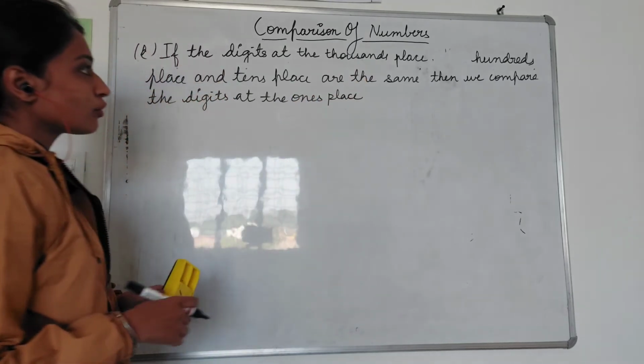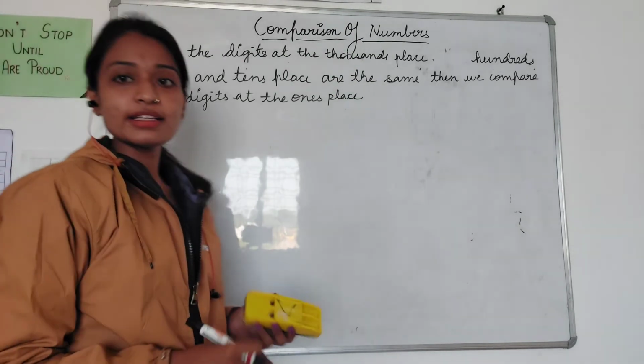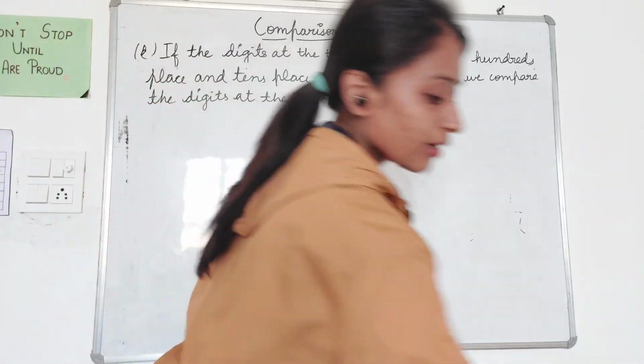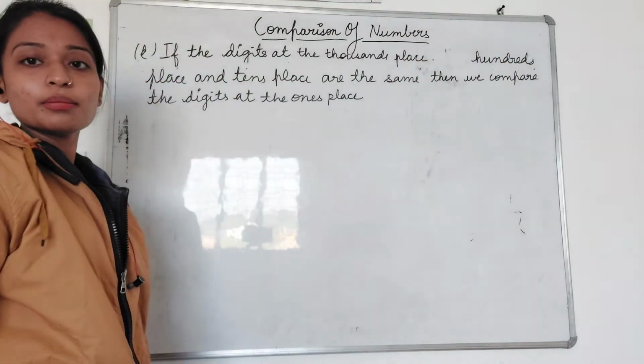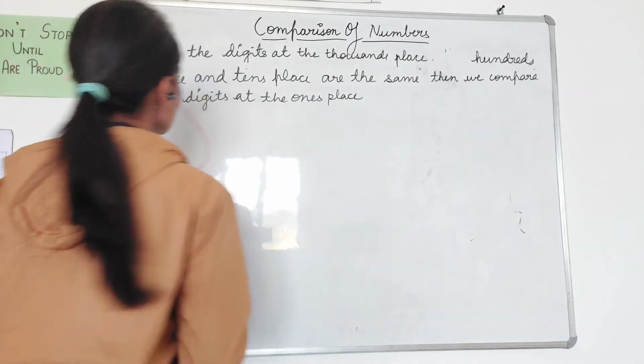Now we have checked for thousand, hundreds and tens place. Now we will check how to compare the numbers at ones place. Okay?